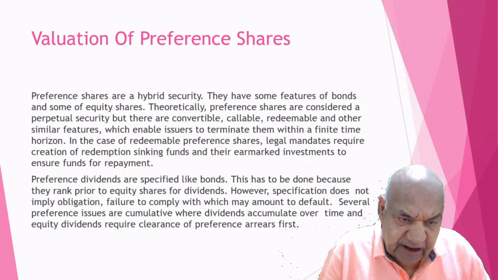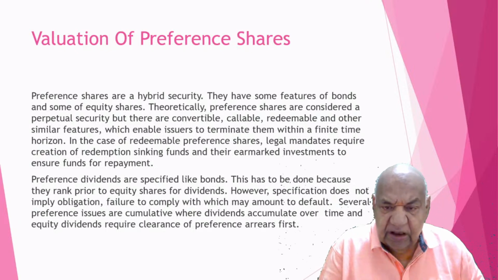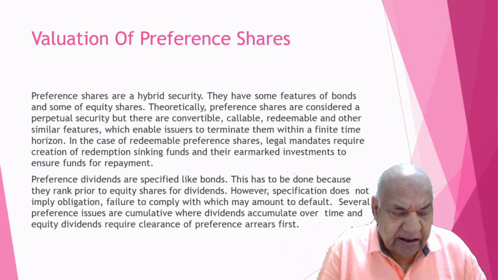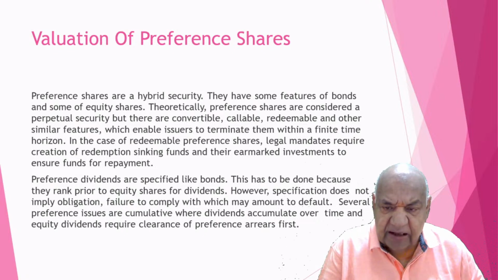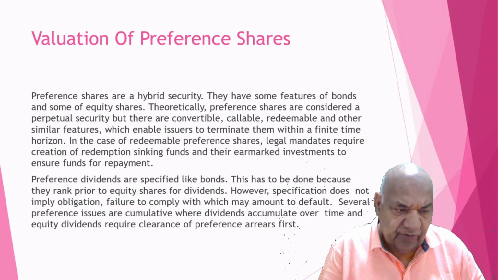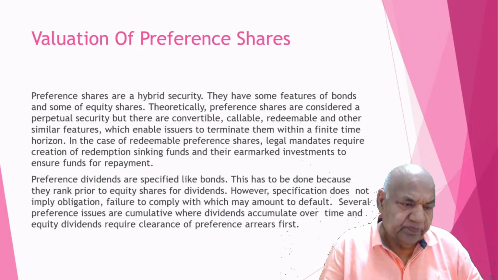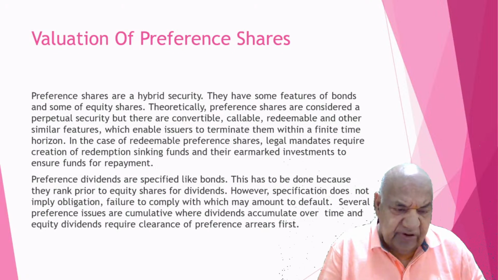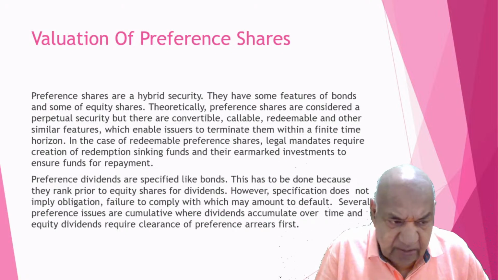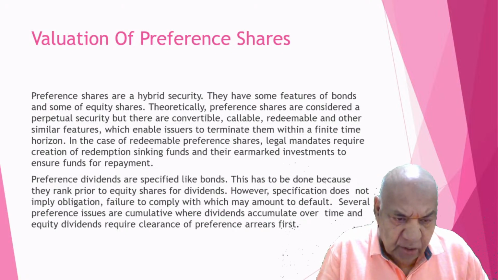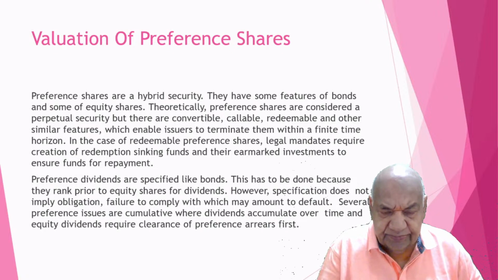In the case of redeemable preference shares, legal mandates require creation of redemption sinking funds and their earmarked investments to ensure funds for repayment. Preference dividends are specified like bonds. This has to be done because they rank prior to equity shares for dividends.